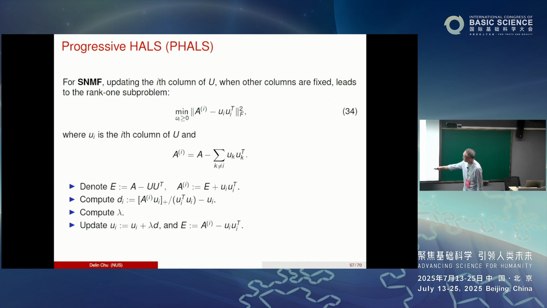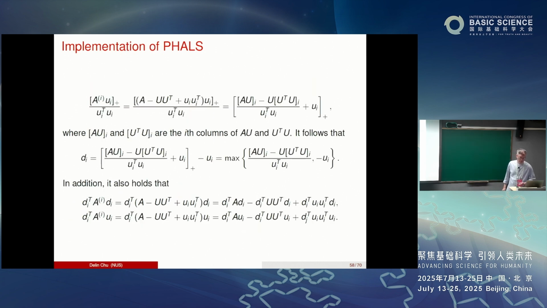Then we can compute d_i, and then compute the step size lambda. After that we update u_i equal to u_i plus lambda d. Then next we compute the new E equal to A_i minus u_i u_i transpose. Also, this step is just to avoid repeated calculation.